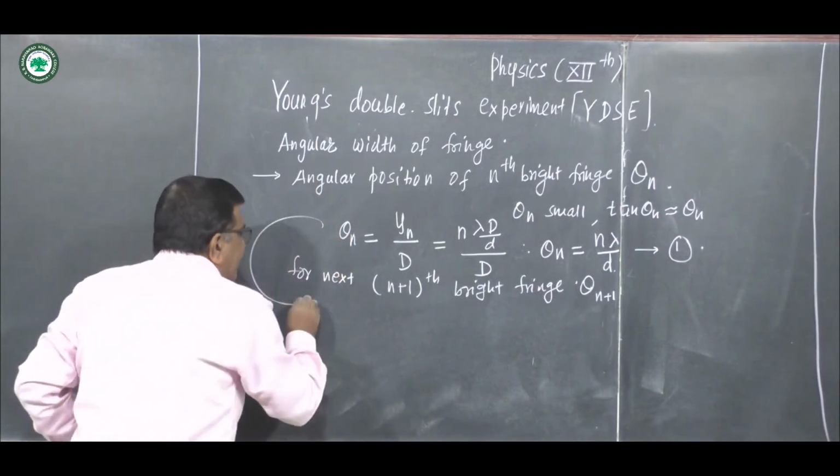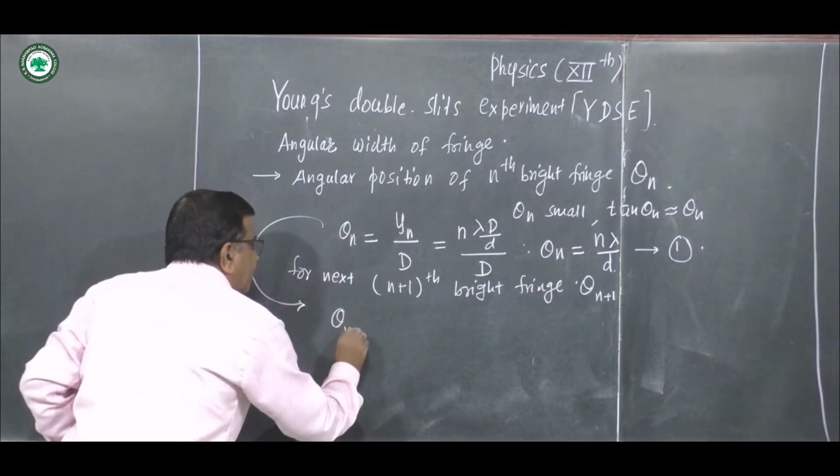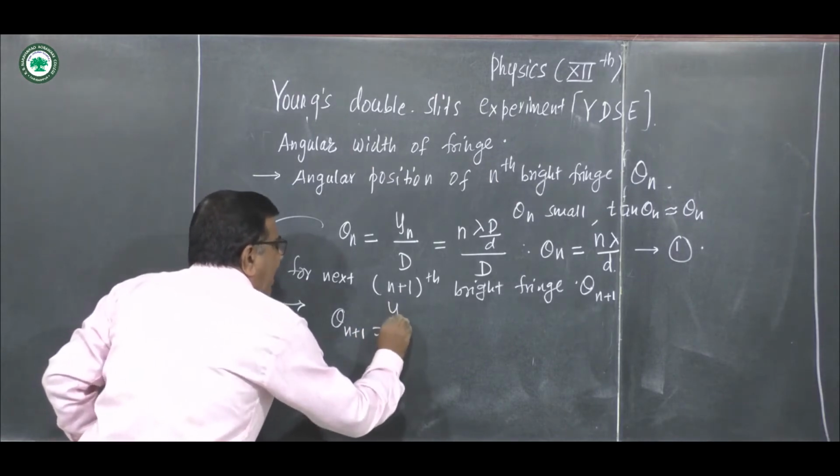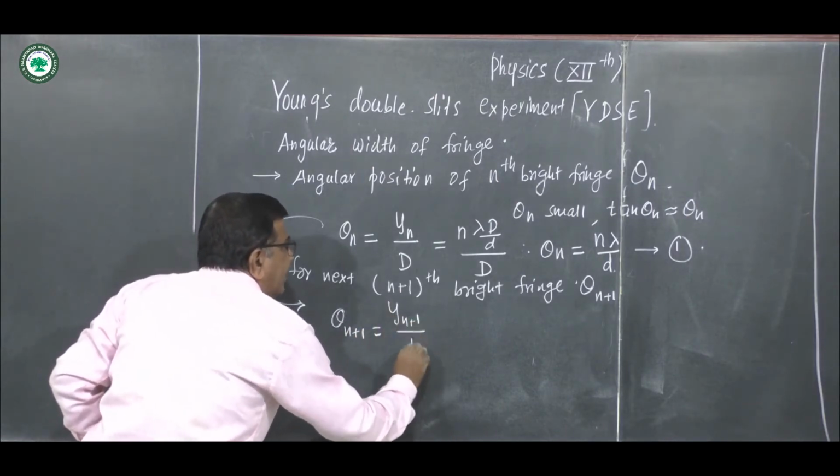Similar to this equation, theta n plus 1 is yn plus 1 upon d.